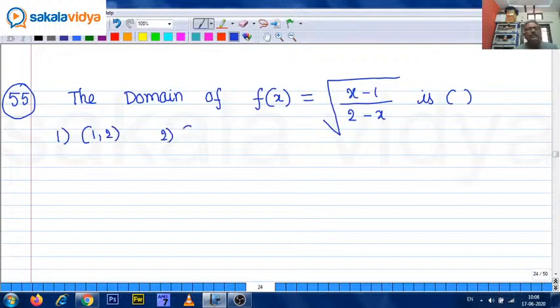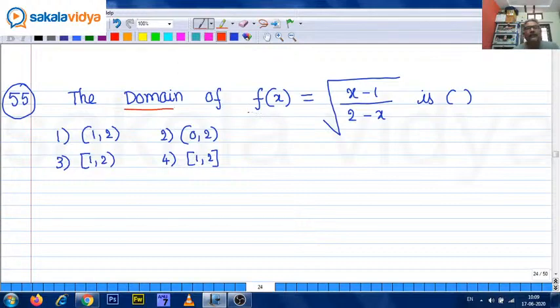Second option, 0, 2, both open. Third option, closed 1, 2 open. Fourth, closed 1, 2 closed. This is the question, right?